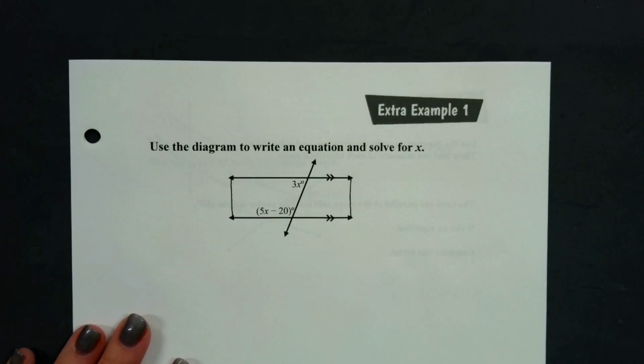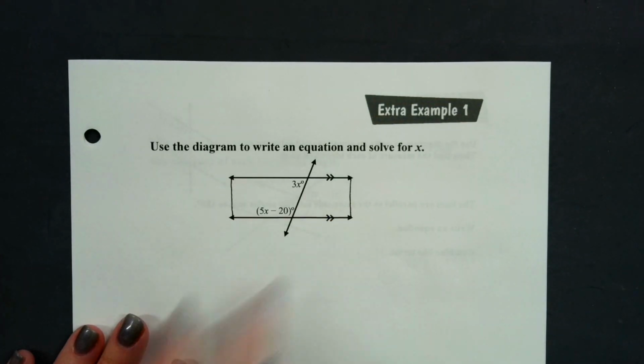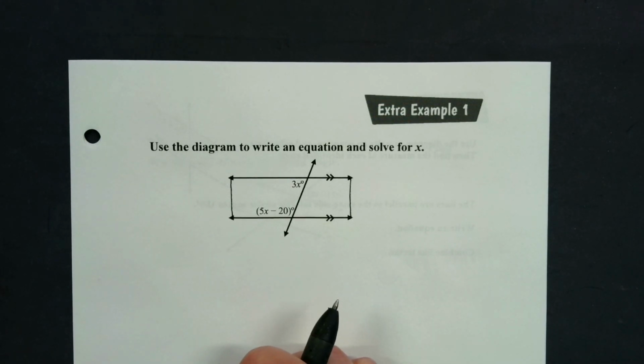Are they parallel lines? Yes? Okay. We're always checking that first. I box it in. What do you notice about where these two numbers are? Interior. They're both interior. And what else do you notice? Same side. Same side interior.